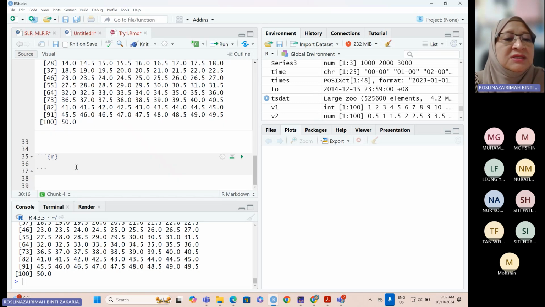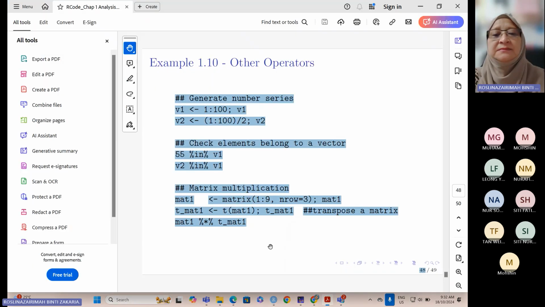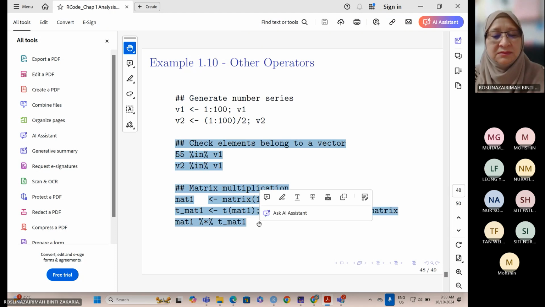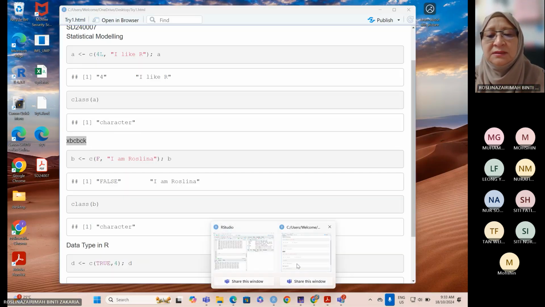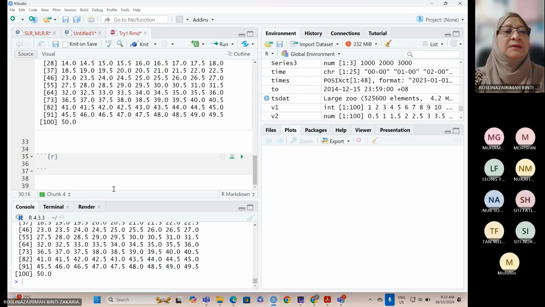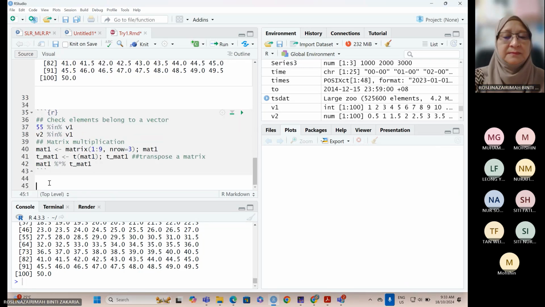Okay, I'm going to check this. Control alternate insert.